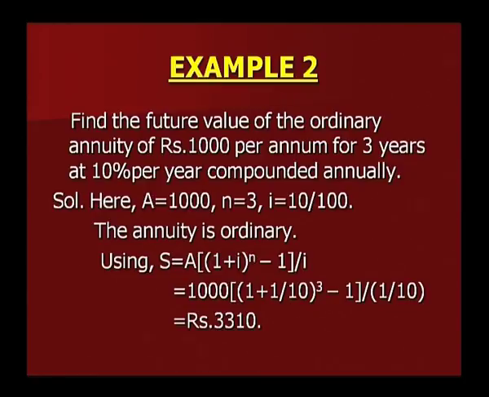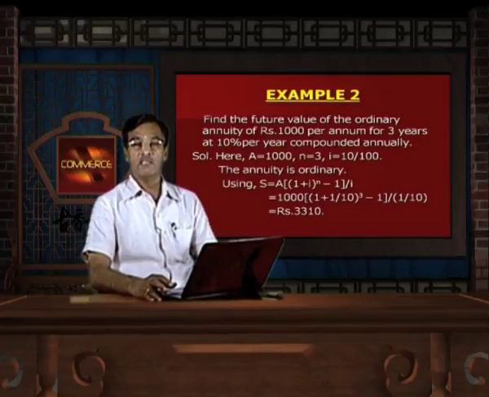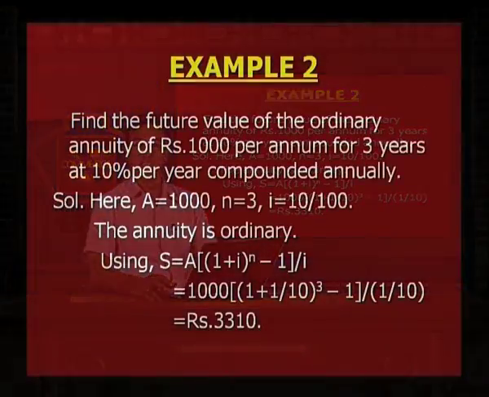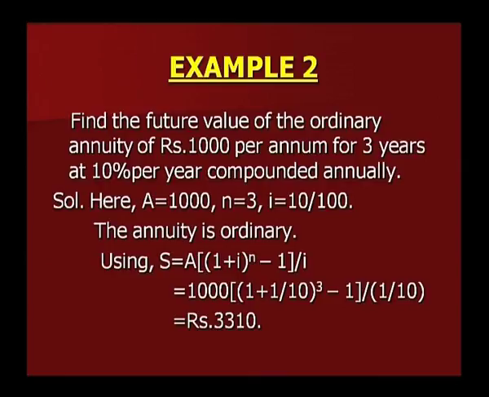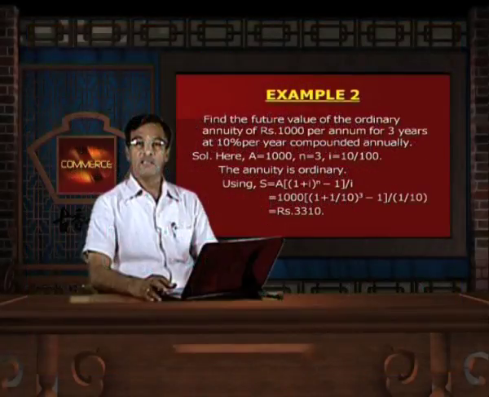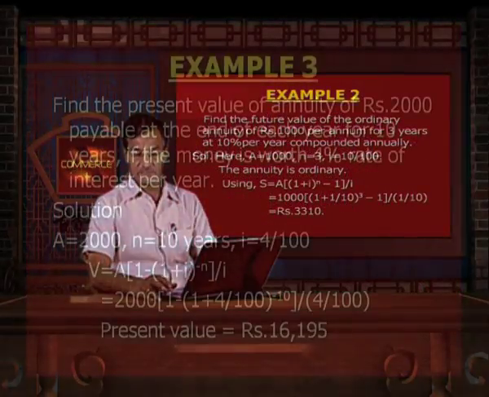Therefore, using S is equal to A [(1 plus i) to the power n minus 1] whole divided by i, we find 1000 multiplied by [(1 plus 1 upon 10) to the power 3 minus 1] whole divided by 1 upon 10, that is equal to 3310. Here we have calculated the value of the annuity in 3 years. So, 1000 rupees per year amount to rupees 3310. Here one gains 310 rupees.